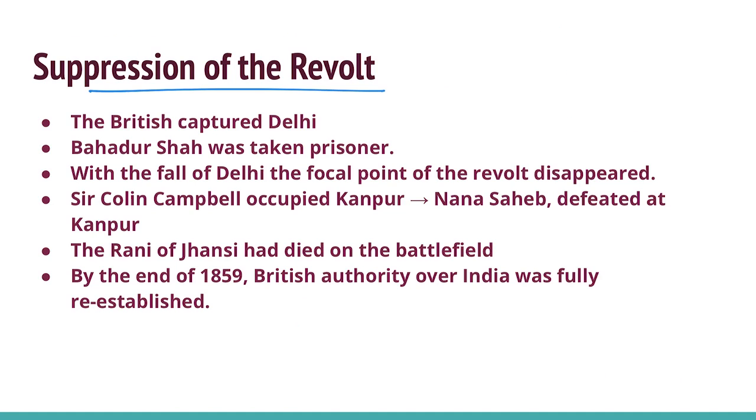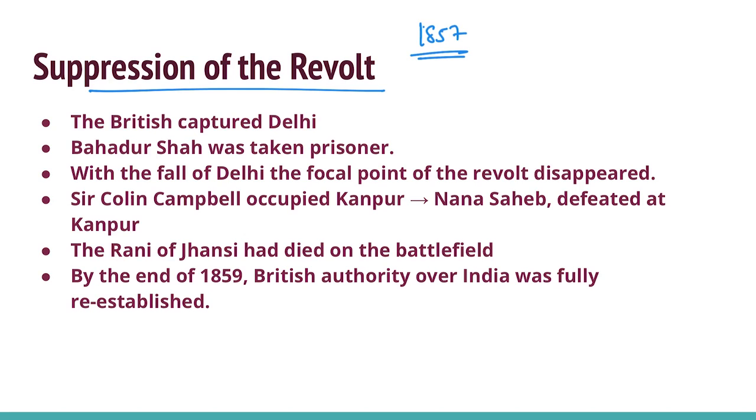Suppression of the revolt. The 1857 revolt was finally suppressed by the British. The British captured Delhi after prolonged and bitter fighting with the sepoys as well as the common people. Bahadur Shah was taken as a prisoner.